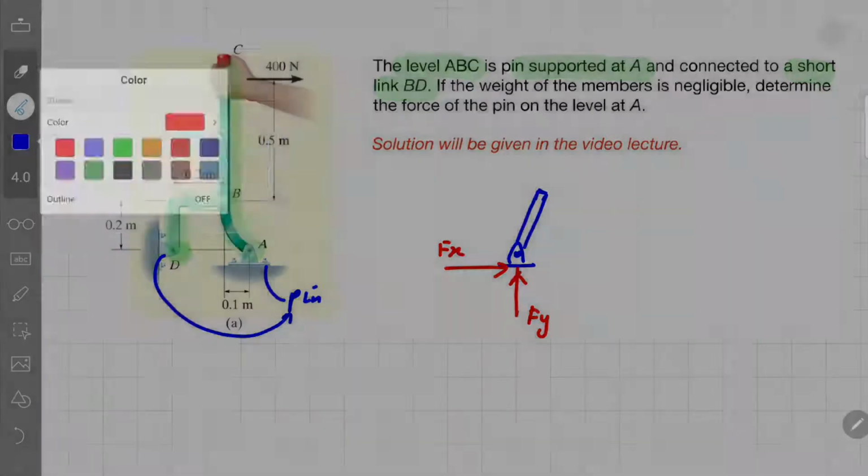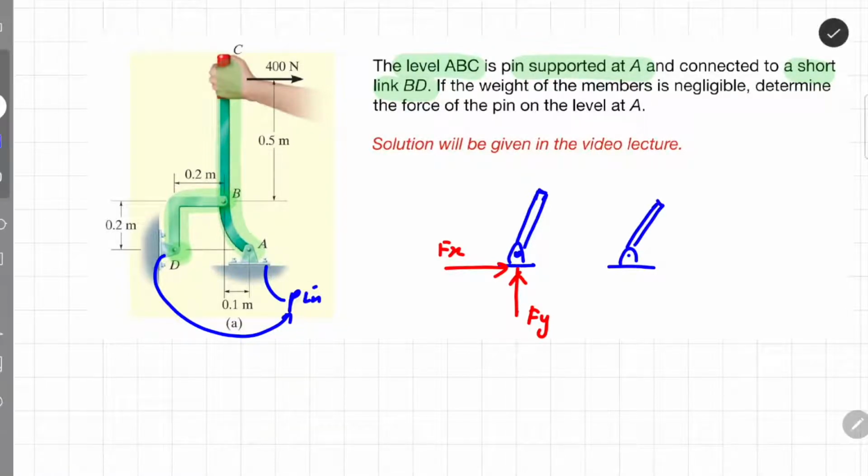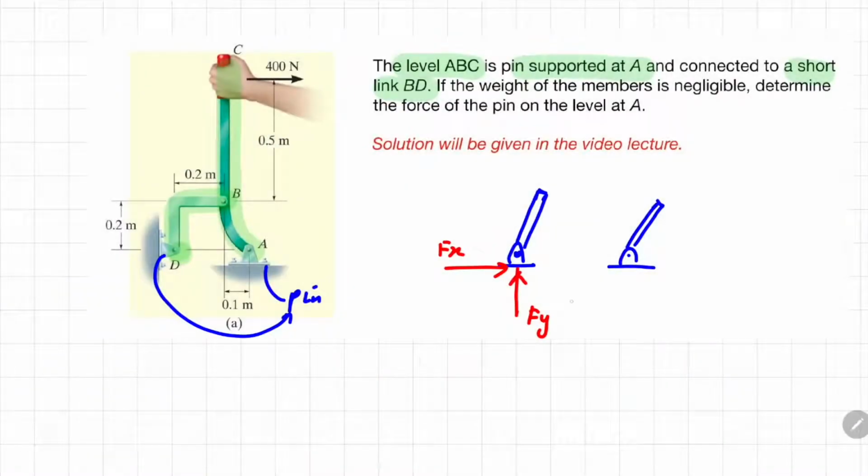Accordingly, we can also represent the support reaction of a pin with a single force, whereby Fx and Fy we can merge to become a corresponding resultant force. We can also rewrite the reaction force for a pin using a single line like this.